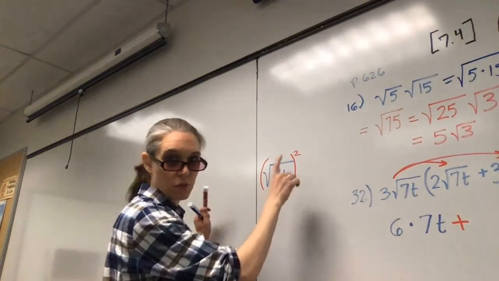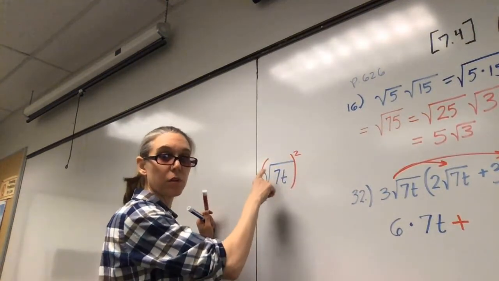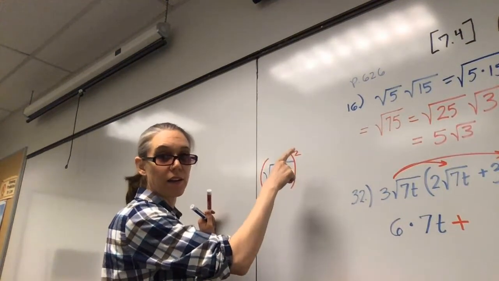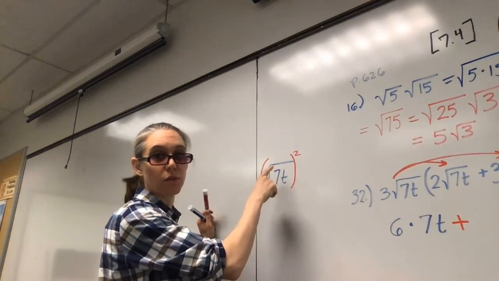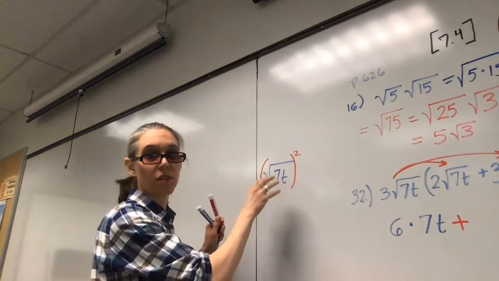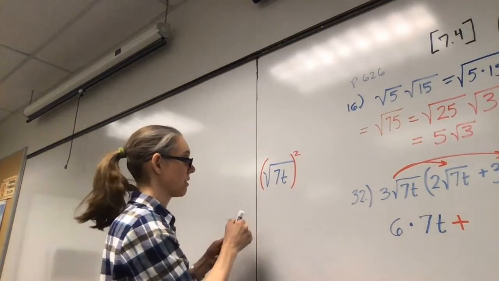So if you square a square root, the square cancels the square root, leaving you with the expression that was inside.